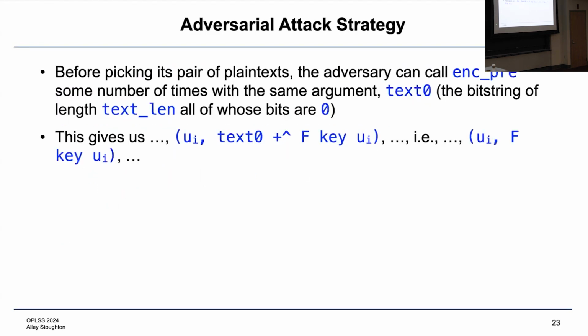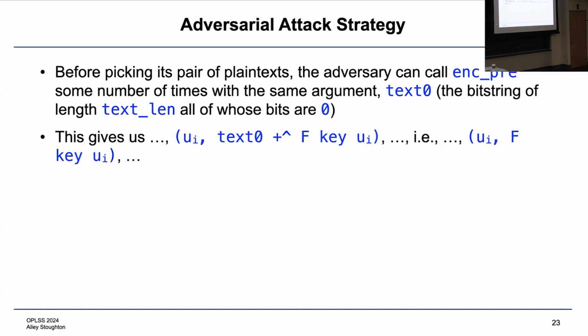Okay, so let's think about if we were the attacker, the symmetric encryption adversary, how would we attack this scheme? There are a couple of ways. One is when we're being asked to pick our pair of plaintexts, and we can call enc_pre repeatedly on the all-0 bit string.